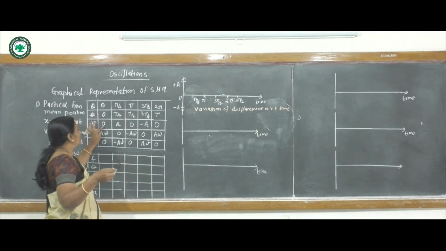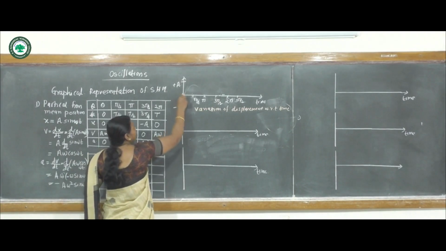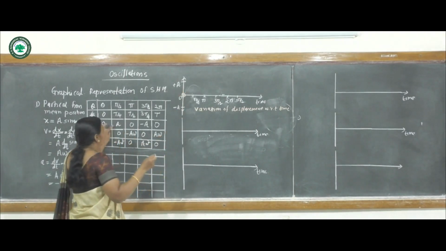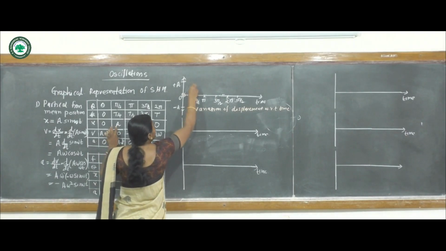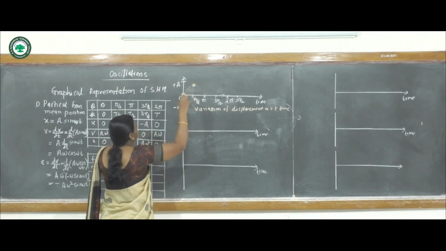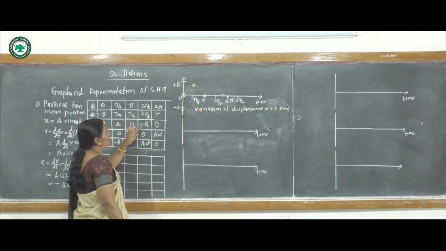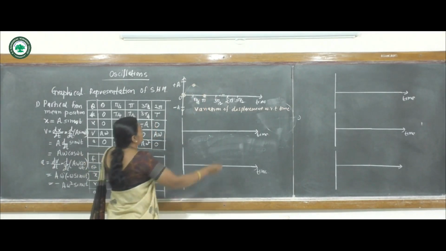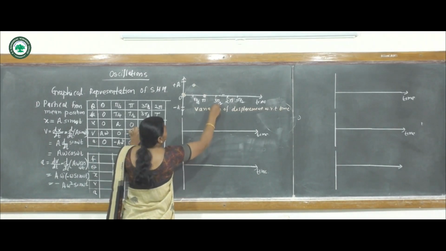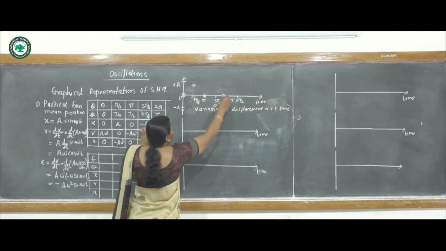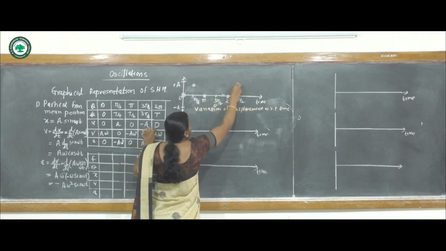The displacement is 0, it is at mean position. Next, at pi by 2, it has the maximum position. Then at pi, it is 0. At 3 pi by 2, it is minus a. And at 2 pi, it is 0. Again it has the maximum value.